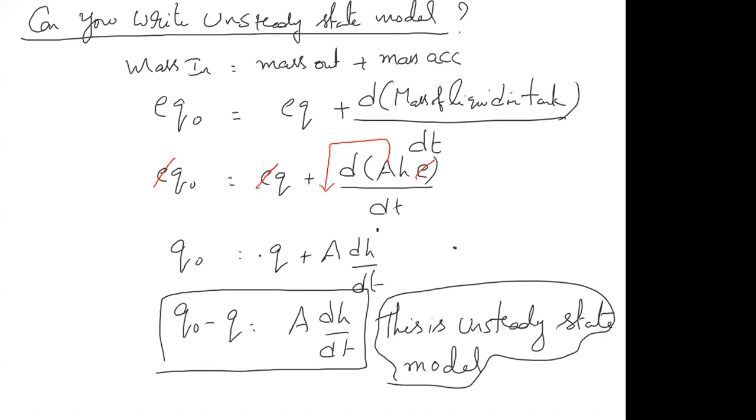Now, in PDC, there is a special way of derivation. Just follow the derivation. I will tell you the purpose of this derivation later on, but just follow how I am doing it. Q naught minus Q equals A into dH by dt.